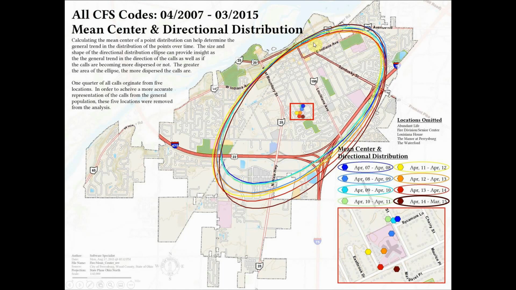So the boundary of the ellipse is staying fairly constant up here, meaning there's really no more calls expanding or coming in up this way, but because the ellipse is expanding to the south and into the west, there's more calls coming in down here, and the ellipse, because it has to cover one standard deviation worth of data, it has to expand to cover those additional calls. So it shows you over time how the calls are expanding.